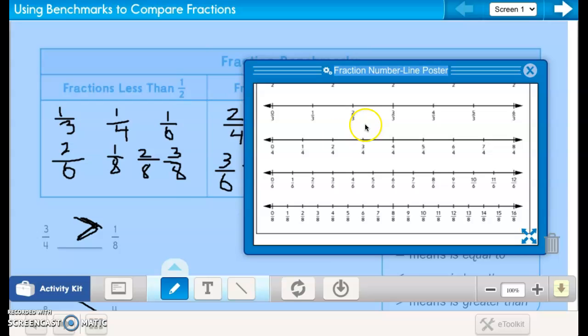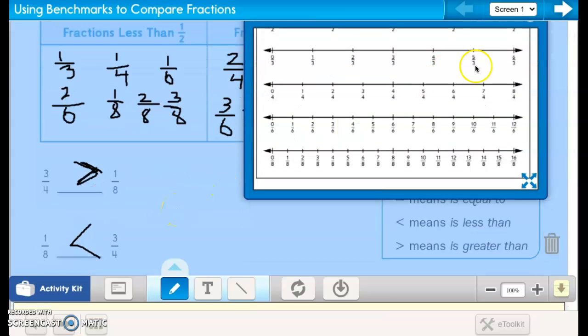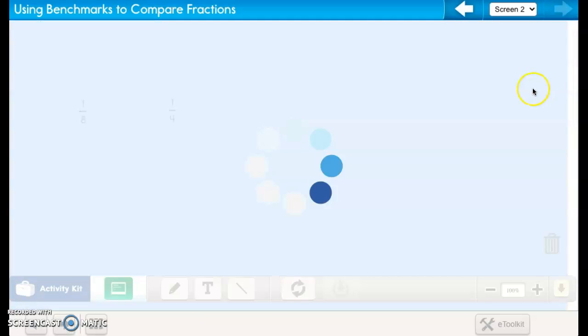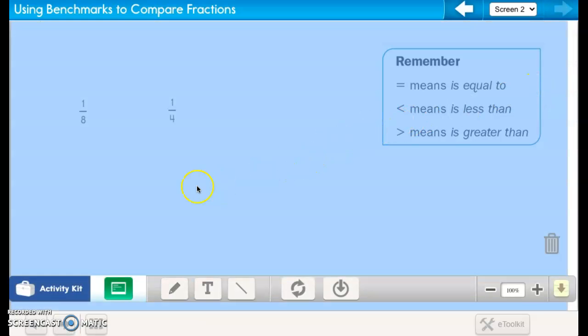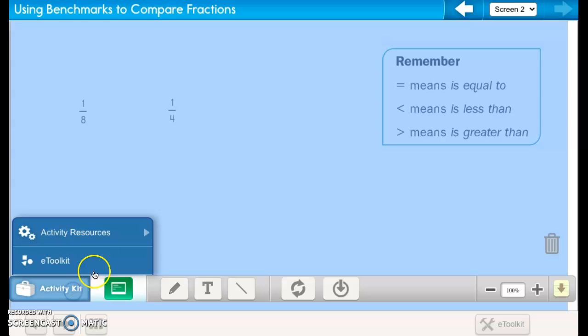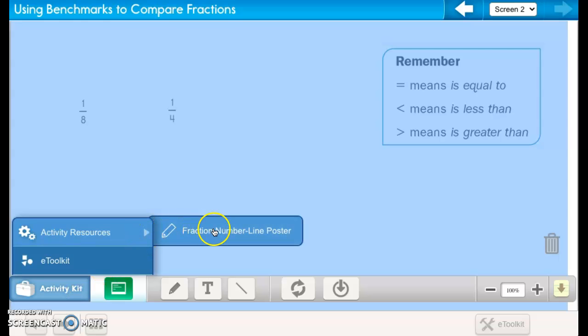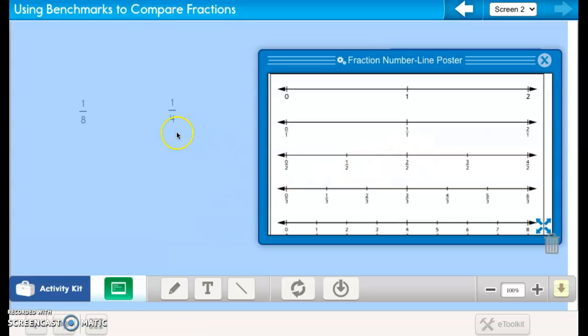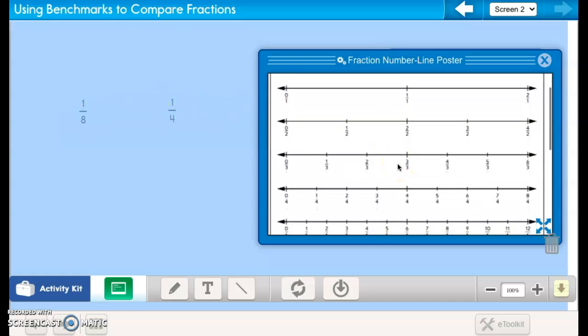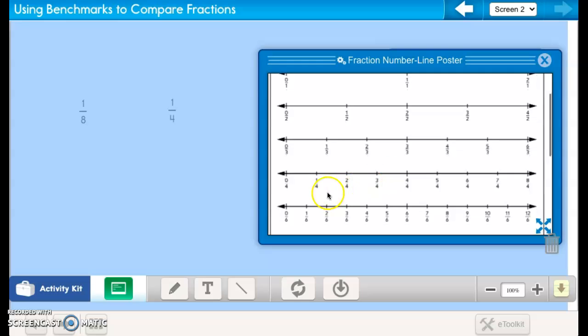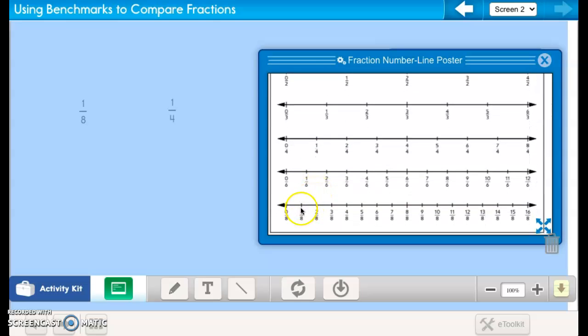Okay, we're going to answer another question on the next page. Here we go. So this one, again, we're going to get this activity source. Look at the number line, 1/8 and 1/4. Let's see which one is bigger. 1/4 is here and 1/8 is here.